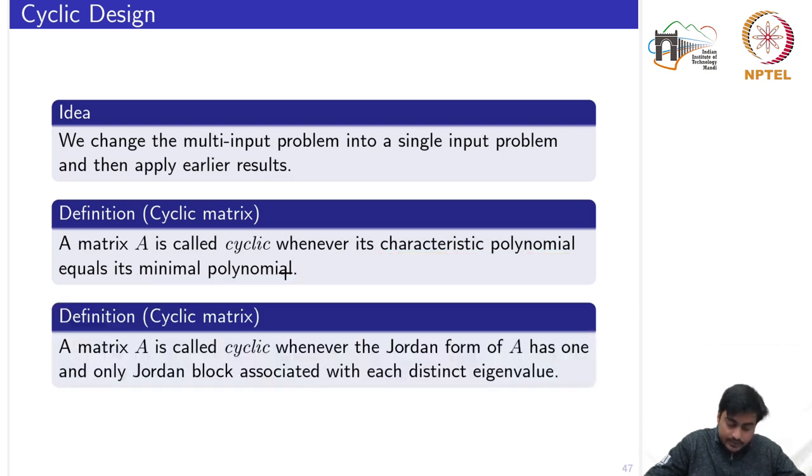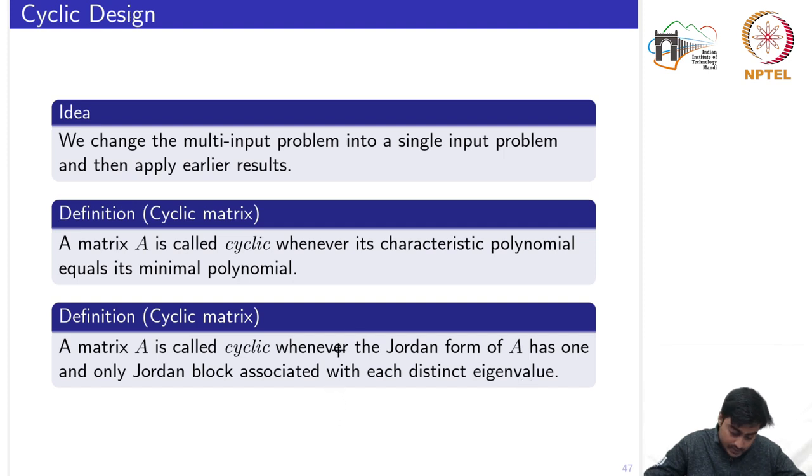Now the same definition we can also apply by transforming the matrix into its Jordan form and then seeing the conditions being satisfied by the Jordan form of the A matrix. So a matrix A is called a cyclic matrix whenever the Jordan form of A has one and only one Jordan block associated with each distinct eigenvalue.